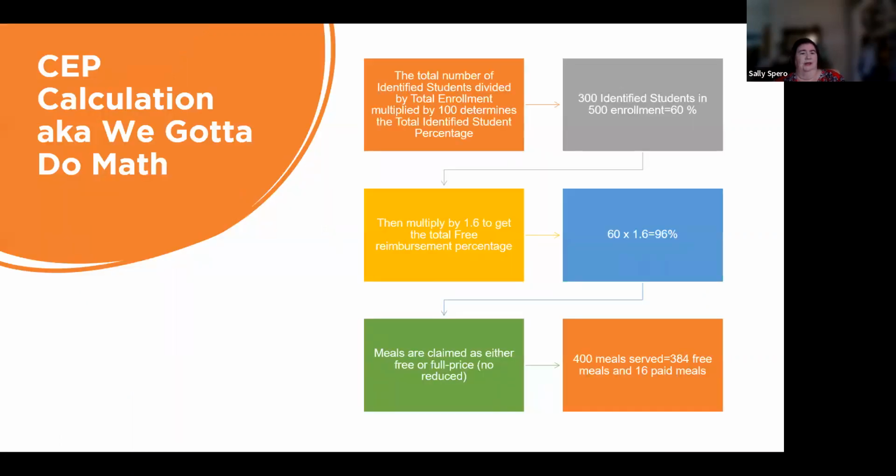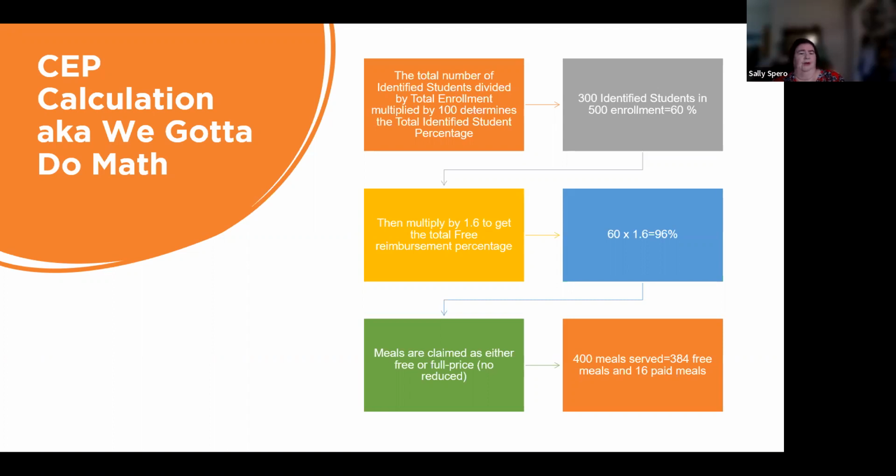So let's get started. Yesterday, I promised that I would tell you the calculation for doing the ISP, and I call that we unfortunately have to do math if you're math phobic. So let's start at the top in the left-hand corner.